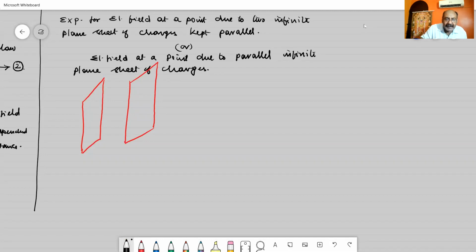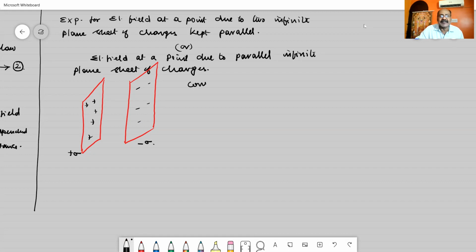In one plate the charge given is positive, so the surface charge density of the first plate is plus sigma. In the second plate the charges given are negative, uniformly distributed so that the surface charge density is minus sigma. Both plates are kept in air medium, parallel to each other.